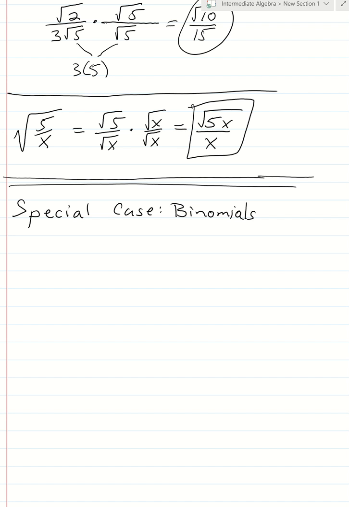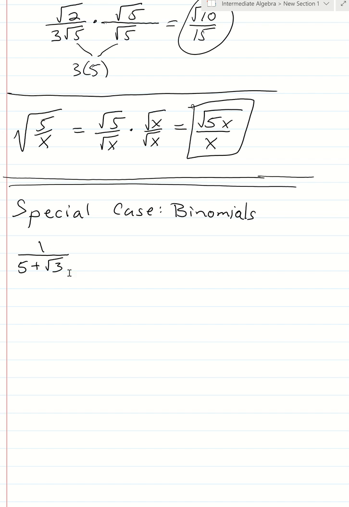When we have a binomial, a two-term polynomial in the denominator, rationalizing the denominator is going to be a little bit different. For example, let's say we have the number 1 over 5 plus the square root of 3.